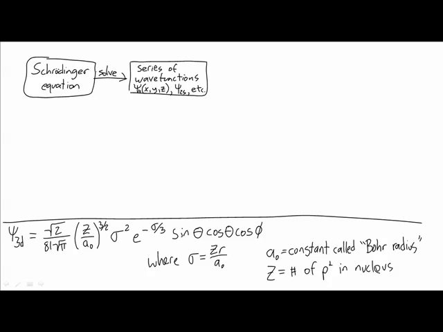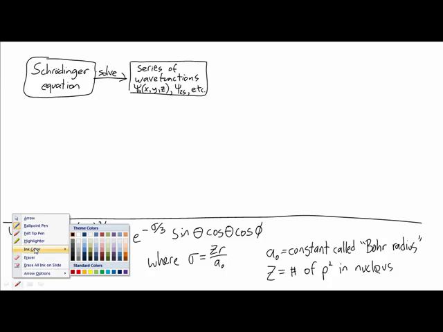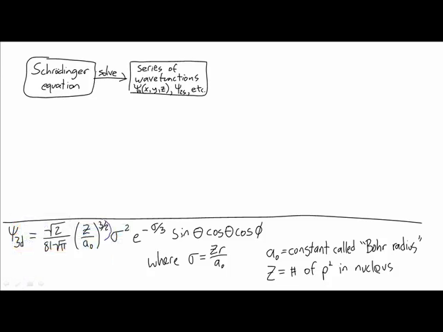One thing I'll point out, this function is really, really complicated, except it has a couple of parts. This first part here is just a constant. All of this here, that's just a number, right? Square root of 2 over 81, square root of pi. Z is just the number of protons in the nucleus, so that's a constant number. And a naught is a constant number.